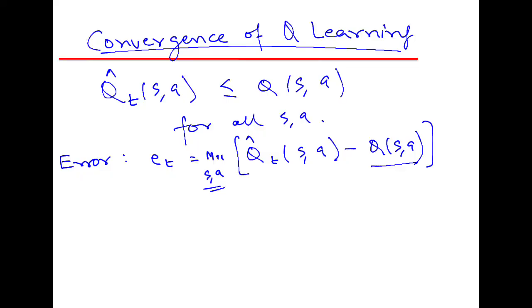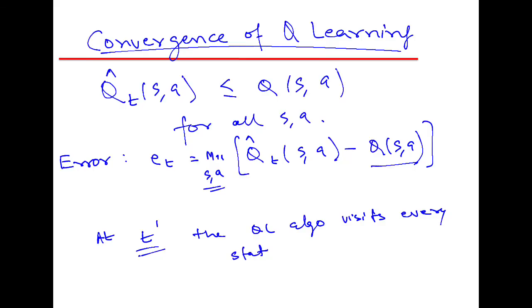then I can show that, let's say that is a time step t prime. So at t prime, the Q learning algorithm visits every state and every action at least once after time step t.